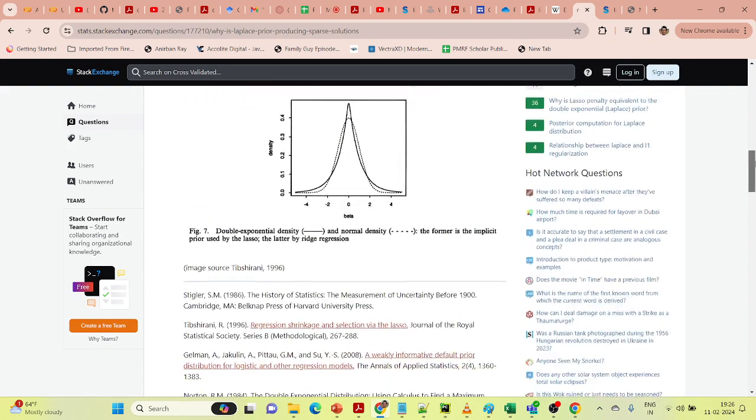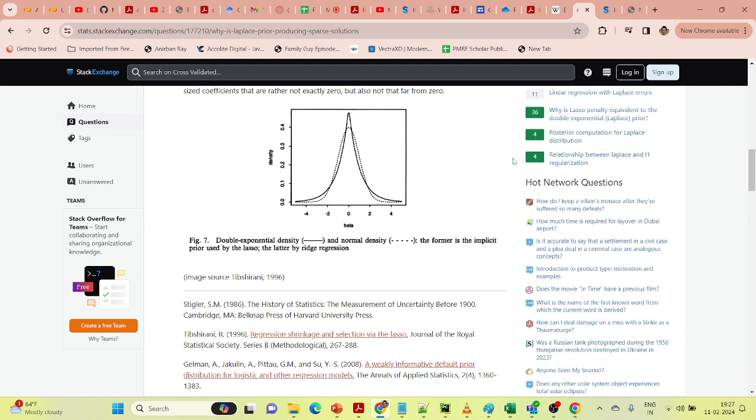As you can see here, this dotted line is our normal density, meaning the normal distribution.